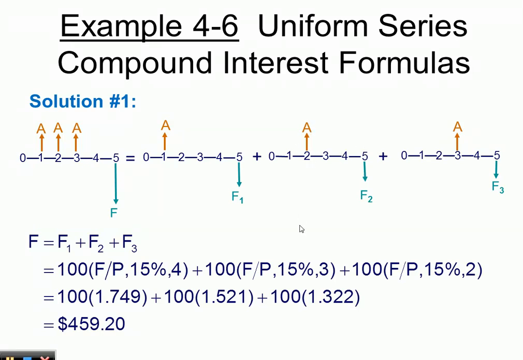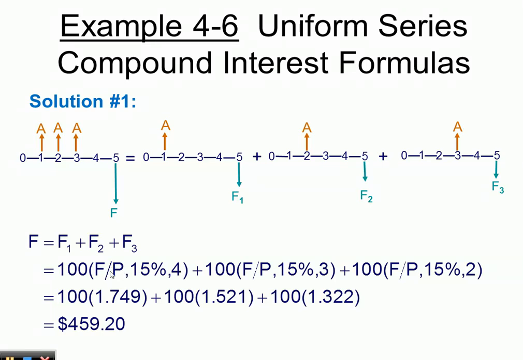amount at 2. And because between 5 and 2 we have 3 years, this is going to be n equals 3. Here between 3 and 5 we have 2 years, so we're going to have 2. And again, all of the discount factors that we see in this formula are found on the same page, the page that lists the discount factors for i equals 15%, but they're different because they're in different rows.